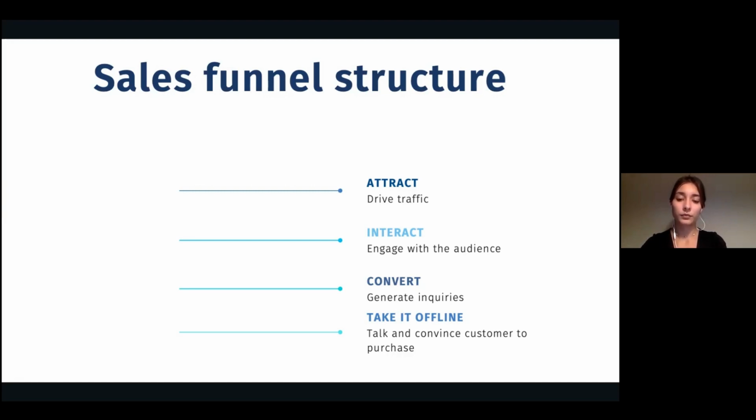Then you want to take this person who's engaged now and convert them to a client who wants to do business with you. So you want to generate inquiries. Tell me more about this, tell me about that, and then you want to take that person and funnel them into another conversation. Say, let's talk and have a greater, more intimate relationship, understanding who you are.